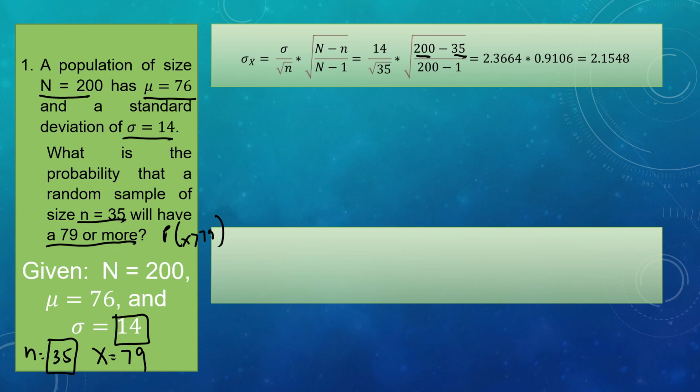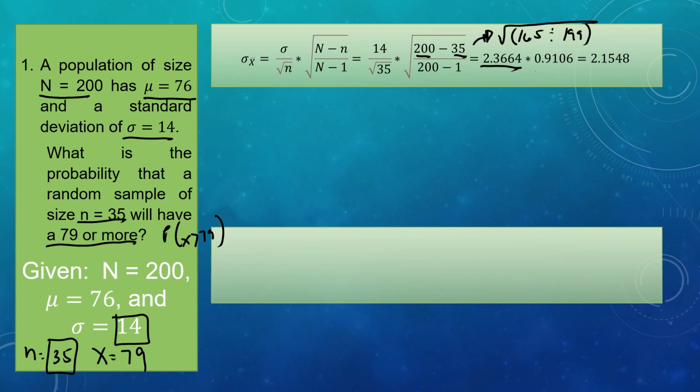Now, let's simplify 14 divided by the square root of 35 using your scientific calculator. The answer is 2.3664. To simplify the finite correction factor, press the square root, parentheses, 200 minus 35 is 165, divided by 200 minus 1, which is 199.